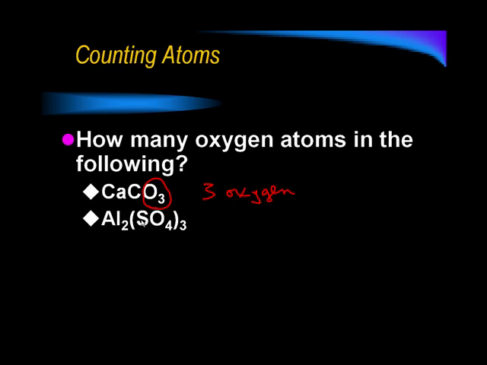If we look at this next one, Al2(SO4)3, this is aluminum sulfate. Now these parentheses work just like the math parentheses. So the 3 goes on the sulfur. The 3 also multiplies times the oxygen. So I have 3 times 4. That's 12 oxygen.